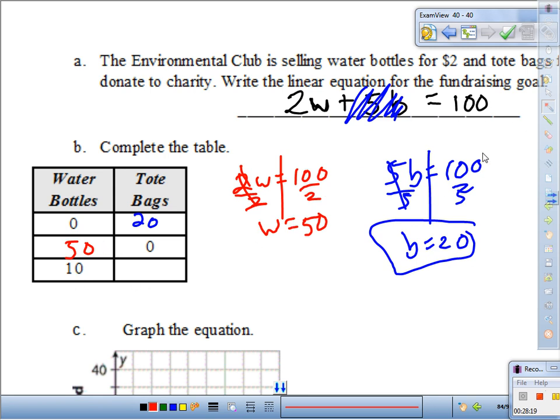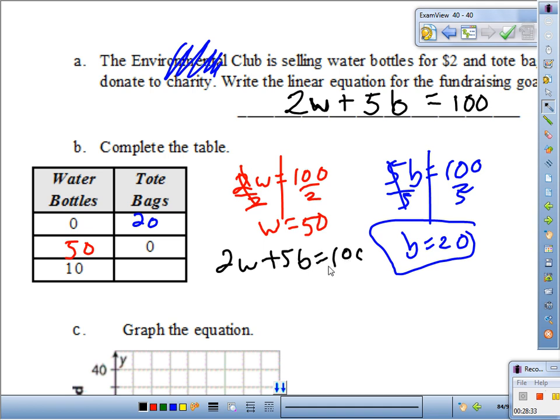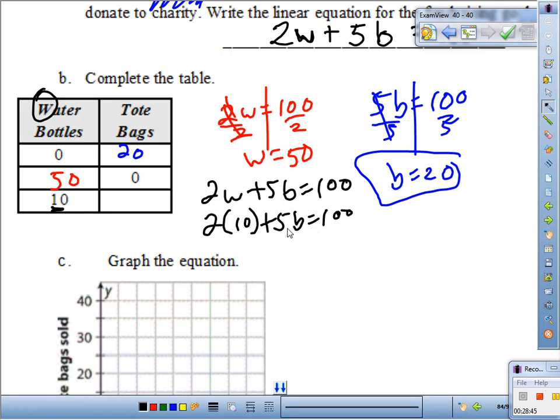However, we can't do that with the last value. What do I need to do? I get my equation. Check this out. 2W plus 5B equals 100. But instead of W, what do I write? 10. So it's 2 times 10 plus 5B equals 100. Let's solve that. 20 plus 5B equals 100.